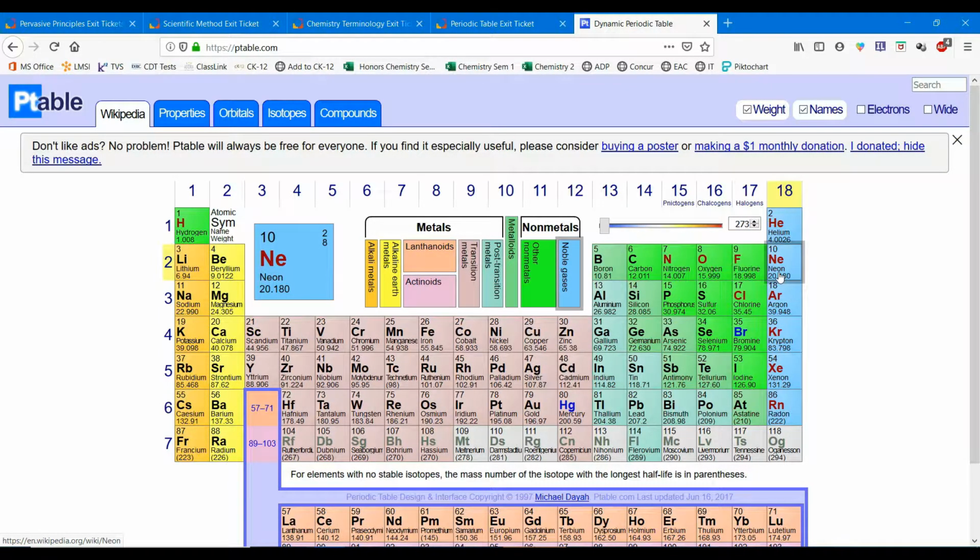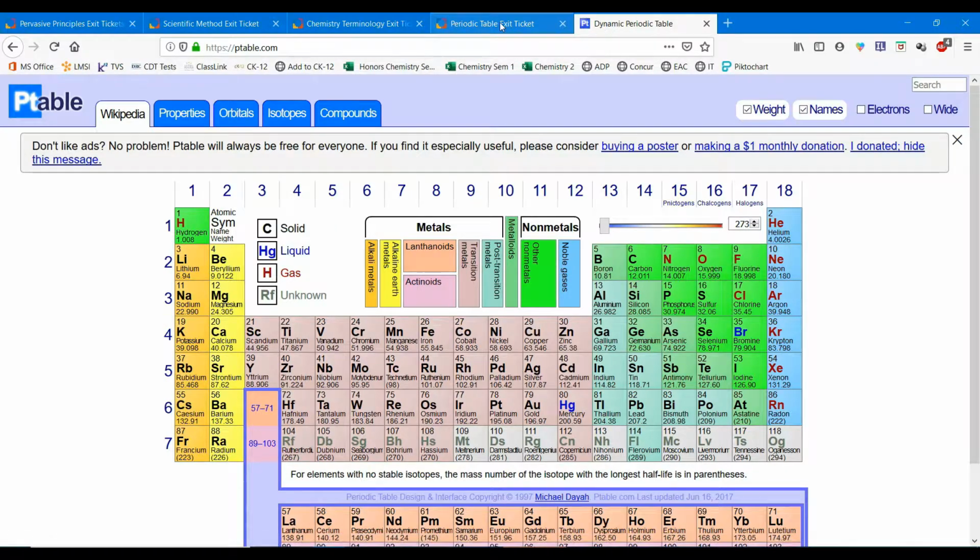It does seem to increase, but there are some areas in the periodic table where that doesn't hold true. I forget where they are right now, but it's down in here somewhere. Things don't quite go as planned.